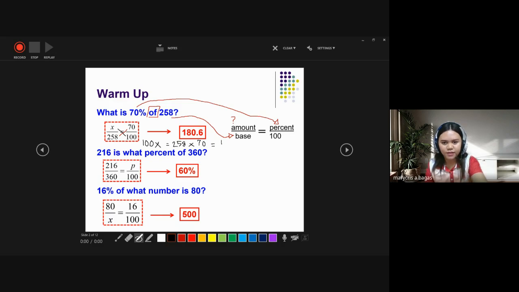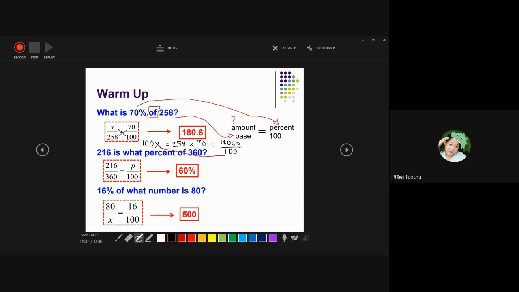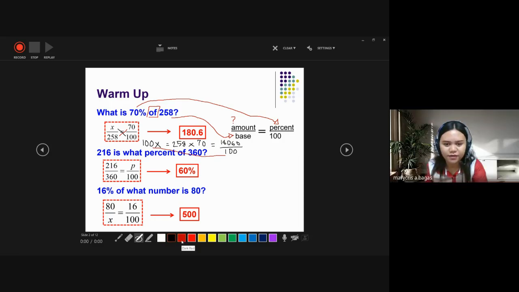So 18,060 over 100. We get 100 from here. 18,060 divided by 100 is 180.6. Okay, very good.